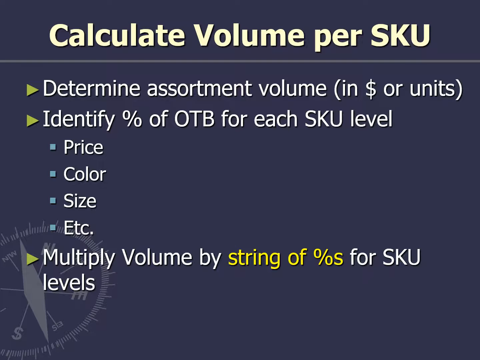We're looking at the specific unique combination of all these assortment factors. This is not the same as the average volume per SKU in the assortment, the VSA that we talked about before. That is an average volume per SKU, but this one is the actual volume that you want to purchase for that particular specific SKU.